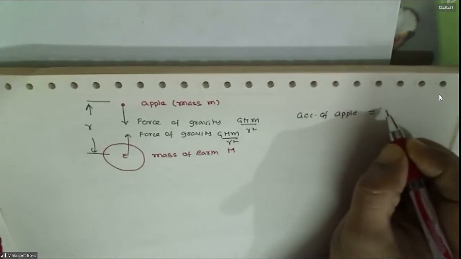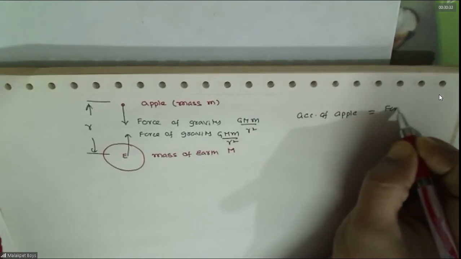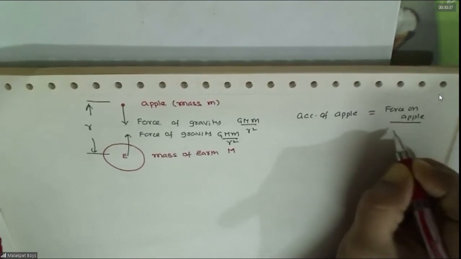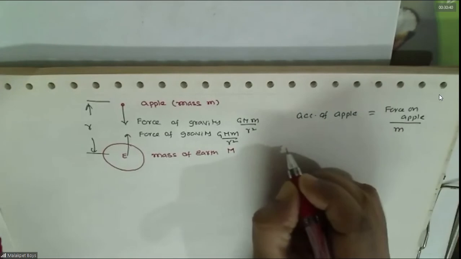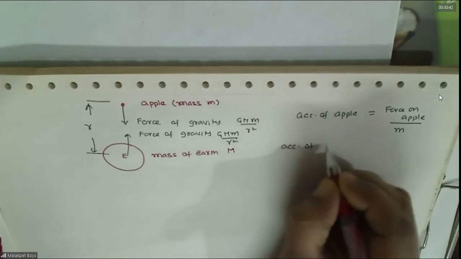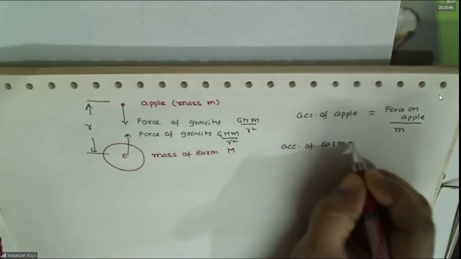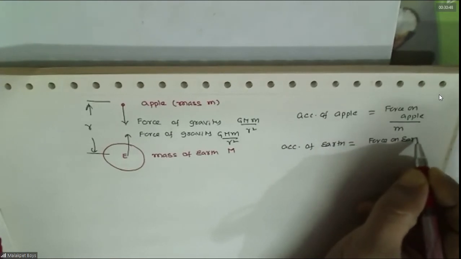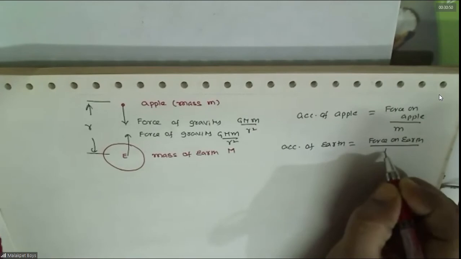Force on the apple by the mass of the apple. Now the acceleration of Earth: force on Earth by the mass of Earth.